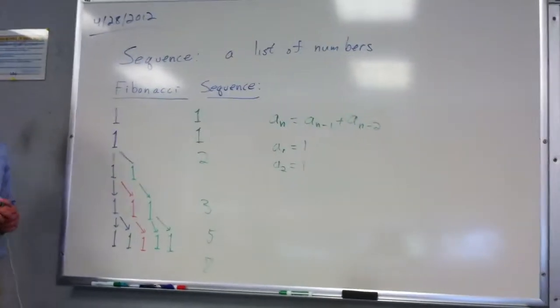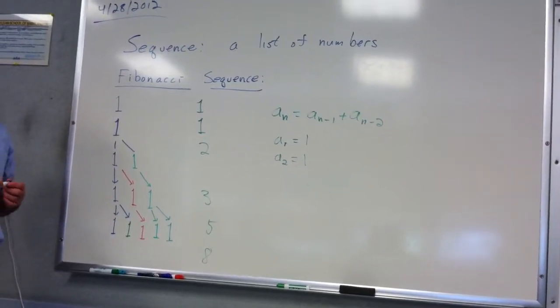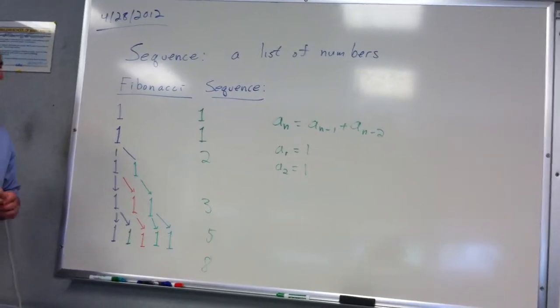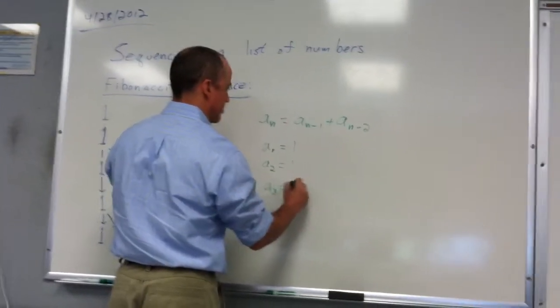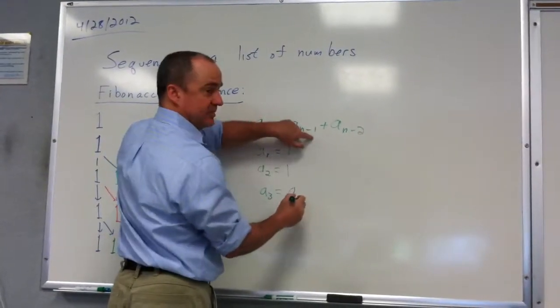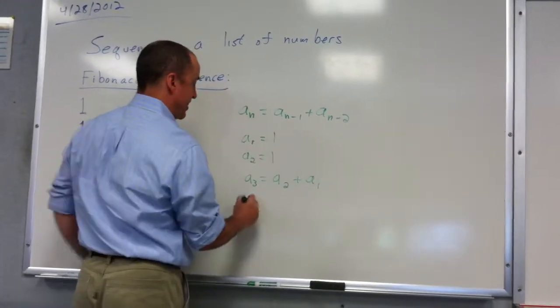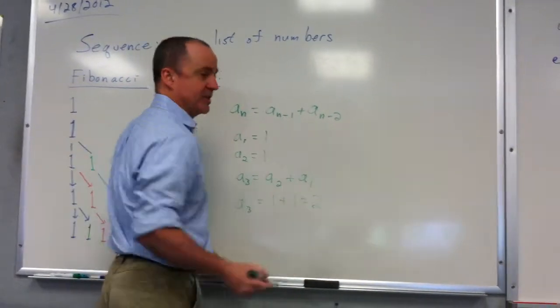Like, let's say we were given a sub 1 equals 1, a sub 2 equals 1. Then can you just put it into the equation so I can see that? Well, then you would say a sub 3 equals a sub n minus 1 plus a sub n minus 2, which is a sub 2 plus a sub 1. And you were given the 1 and the 1, so now a sub 3 is 2.